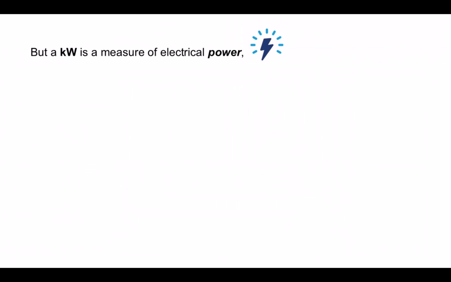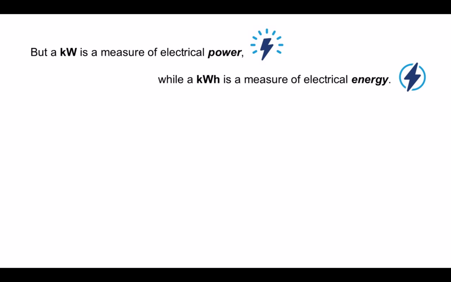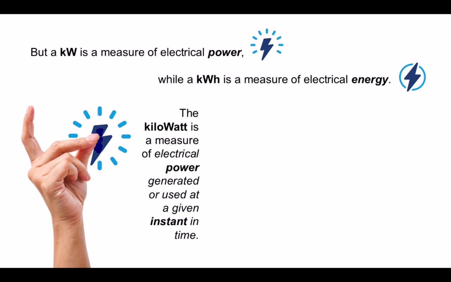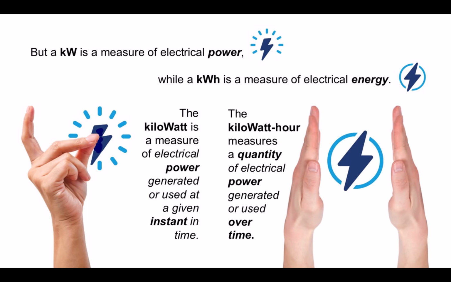But a kW is a measure of electrical power, while a kWh is a measure of electrical energy. The kilowatt is a measure of electrical power generated or used at a given instant in time. The kilowatt hour measures a quantity of electrical power generated or used over time.